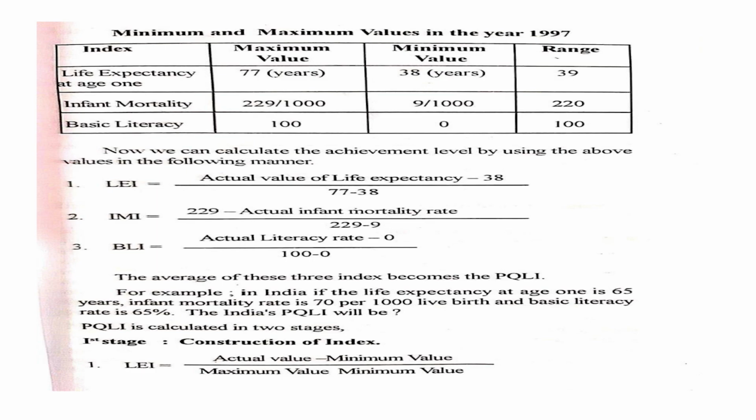For example, life expectancy index is equal to actual value minus minimum value divided by maximum value minus minimum value. IMI, the infant mortality index, is equal to maximum value minus actual value divided by maximum value minus minimum value. Basic literacy index is equal to actual value minus minimum value divided by maximum value minus minimum value.